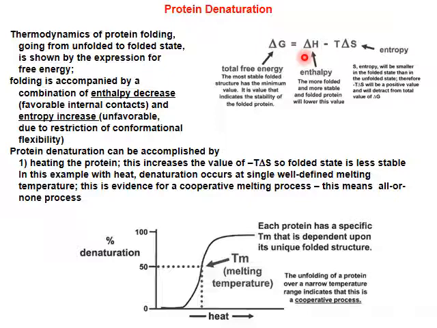And so the interplay between enthalpy and entropy is going to give rise to this delta G, whether it's a favorable or unfavorable protein folding process.